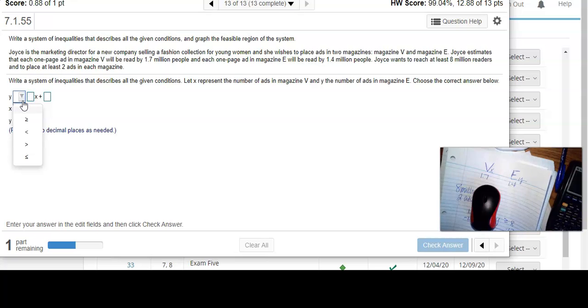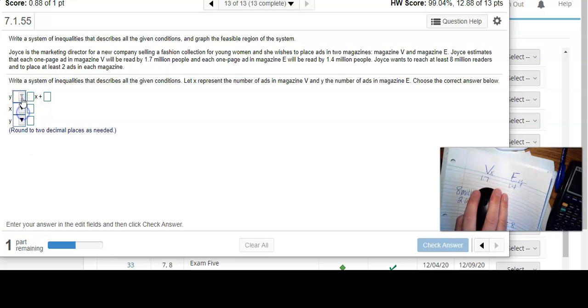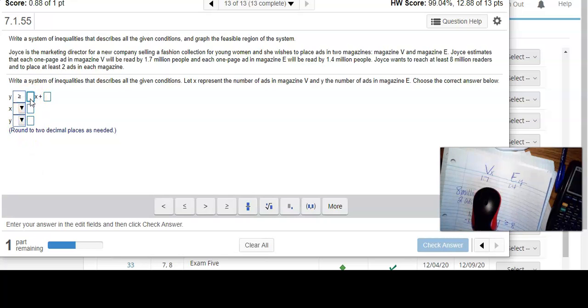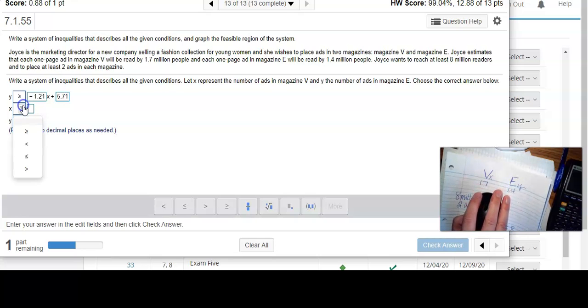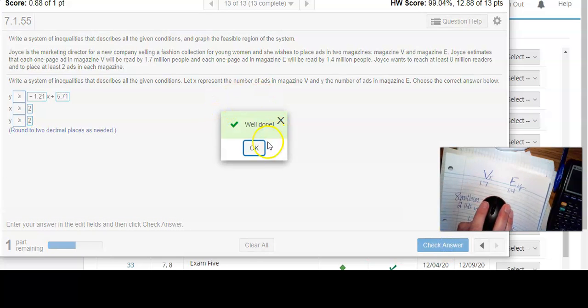I need y to be greater than or equal to negative 1.21x plus 5.71. X must be greater than or equal to 2, and then y must be greater than or equal to 2. Okay, so when I check all that, yay!